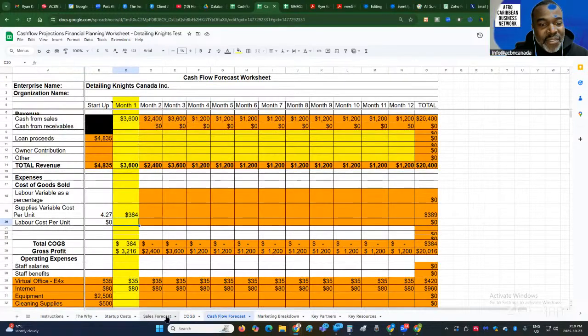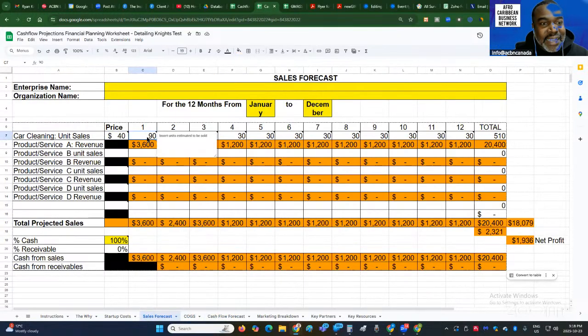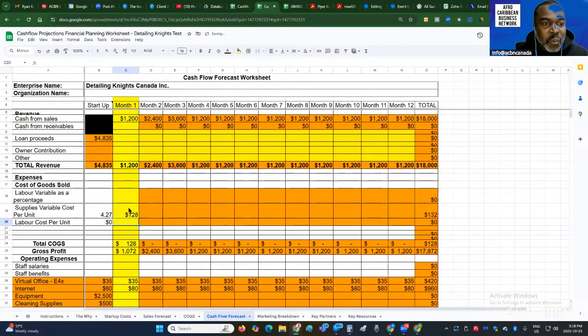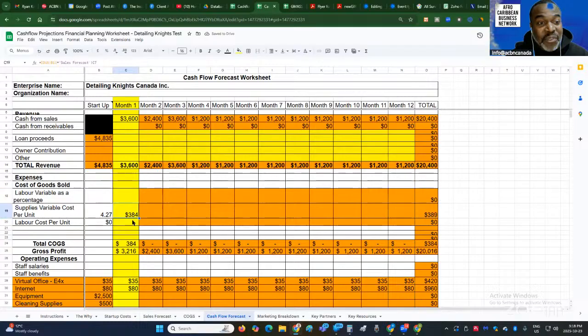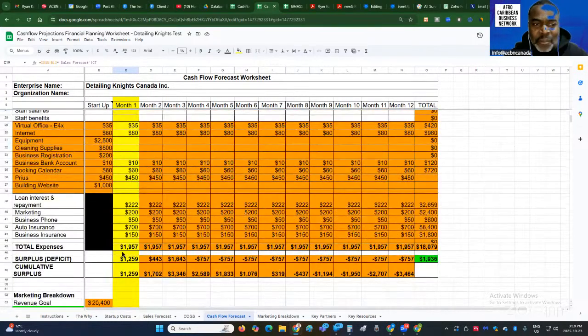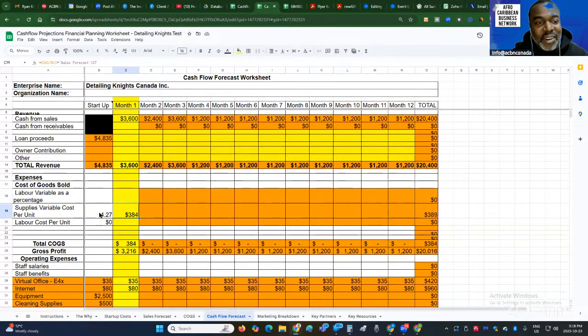So if it's only 30 cars, it should be $128 in supplies, but if we're cleaning 90, it would go up to $384. That's why we're not as profitable as we could be, because our cost of goods sold is still being calculated.